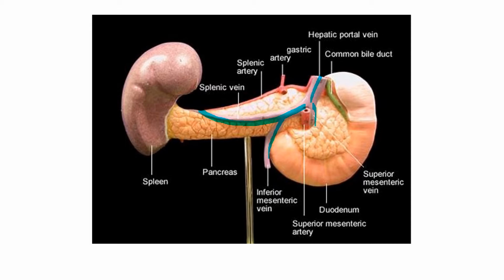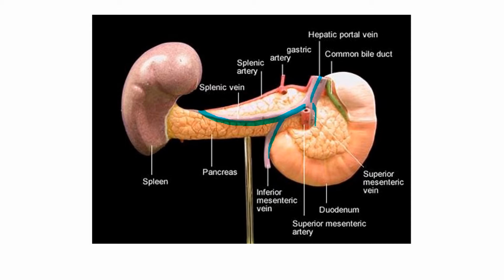And I'll remind you that the hepatic portal system is a double capillary system, and it basically means we have a vein leading to a capillary that leads to another vein that leads to another capillary. Now, the first capillary was the capillary from all of your viscera in your abdominal cavity, where we had nutrient exchange.